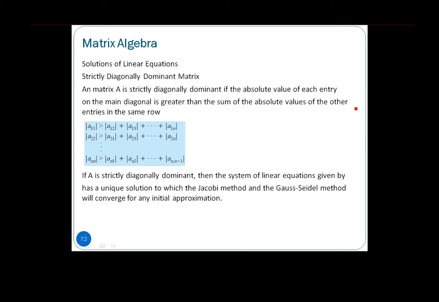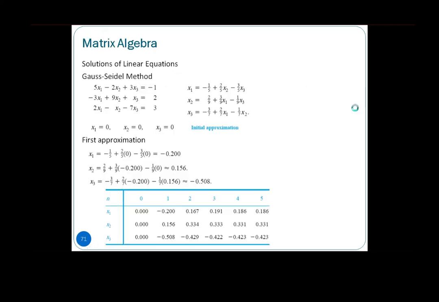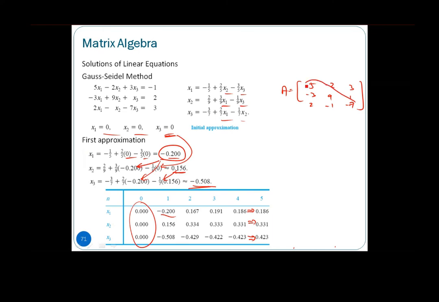So what it means here is your A11, A22, until ANN, in absolute value, have to be greater.